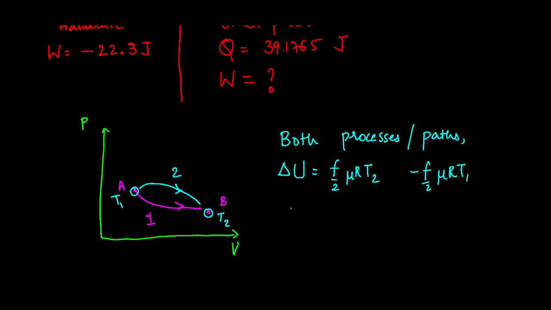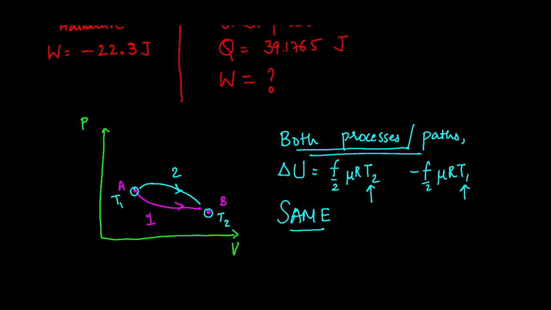This will come out the same, yes or no? Same in both processes. Was this understood or not? Because it only depends on final temperature and initial temperature. It's a bit like displacement, think about it.